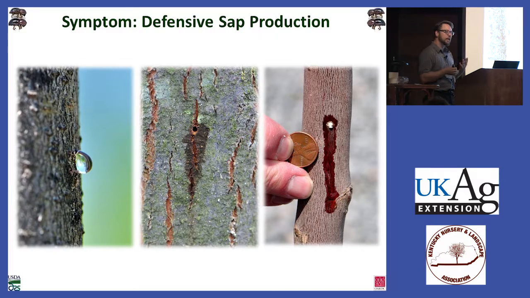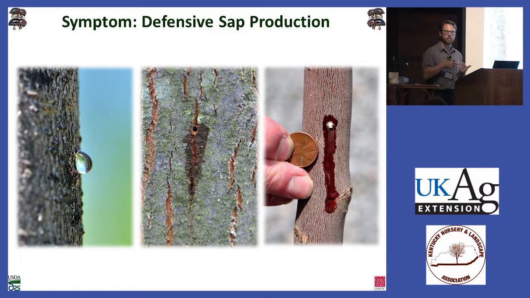We also see defensive sap production, particularly in spring. But with honey locusts, we've seen them oozing sap even in late summer and fall. We've had growers notice this sap production and then realize that there's a hole associated with that sap.